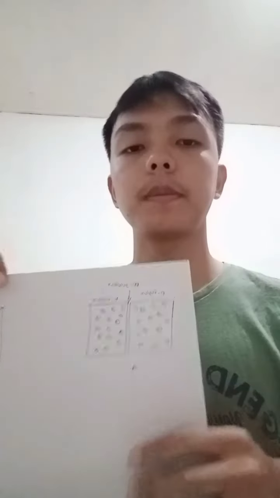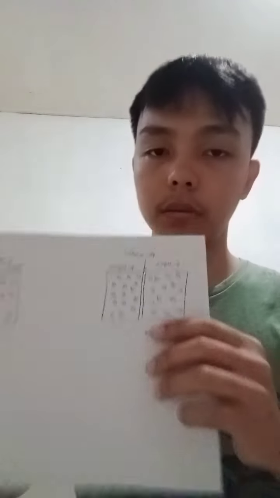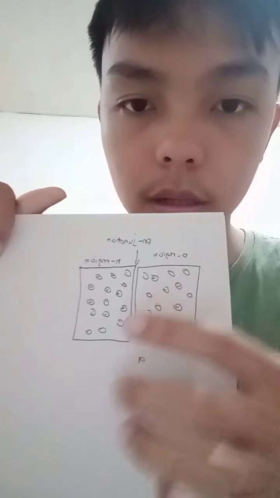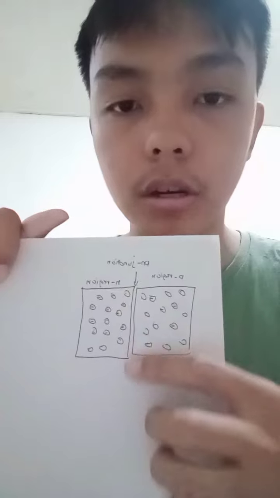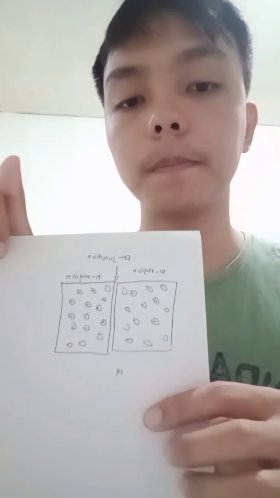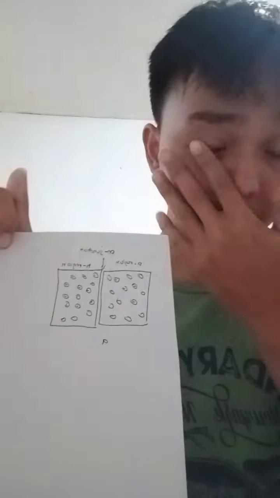So now we will explain what happens in a PN junction. Here in the illustration below, we have the P region and the N region, and in the middle, it is called the PN junction. So this is the basic silicon structure of a PN junction.